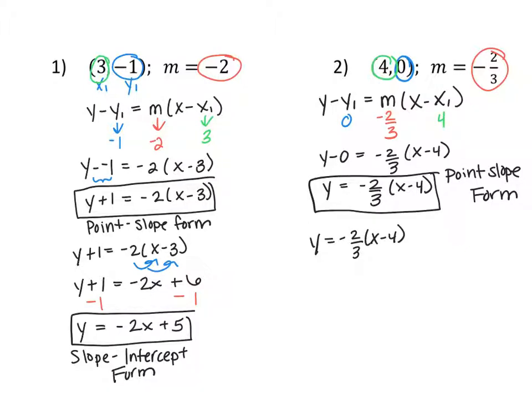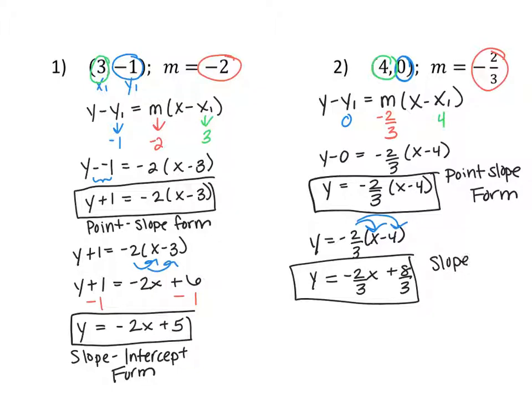So you would multiply negative 2/3 times x, which is just negative 2/3 x, and then negative 2/3 times negative 4, so multiply negative 2 and negative 4. That will give you positive 8, and then it's over 3. So you have y is equal to negative 2/3 x plus 8/3. This would be your answer in slope-intercept form.